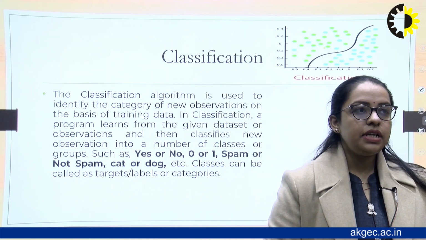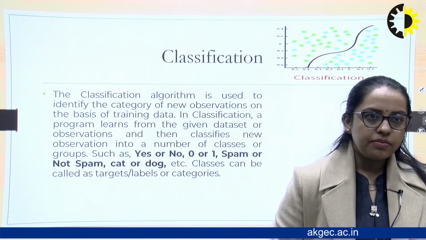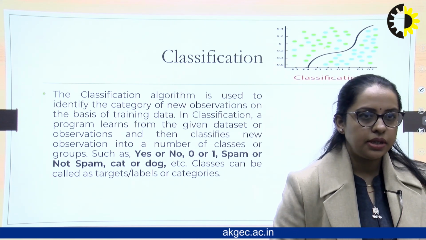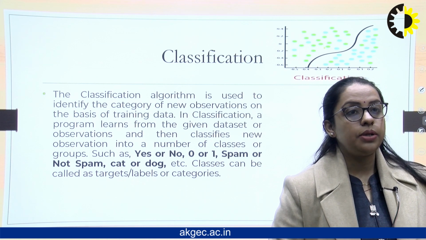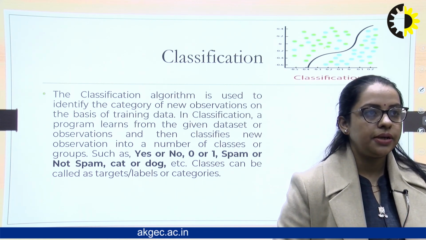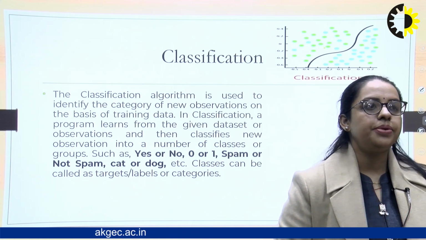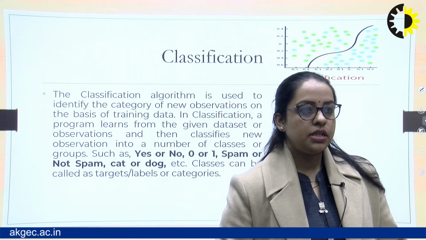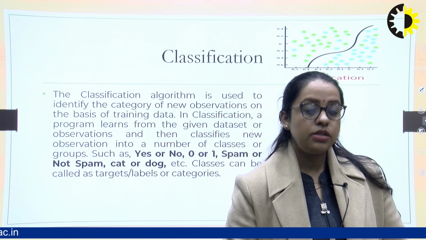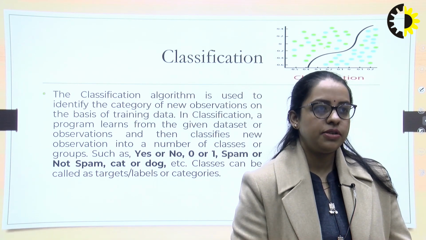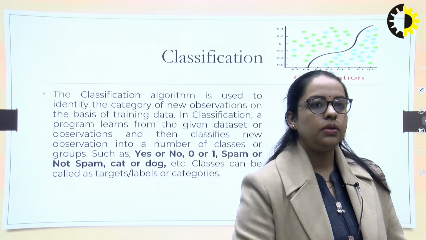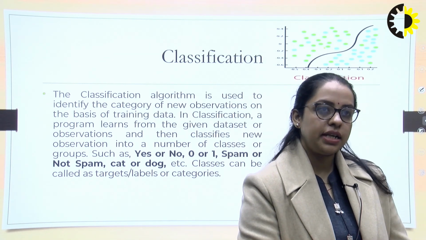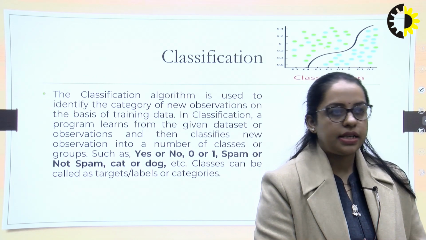In classification, the ultimate goal is to train our machine model, and the model learns with the help of software. So in classification, a program learns from the given data set or observations and then classifies those observations into the number of groups in which we want to categorize our given data set.